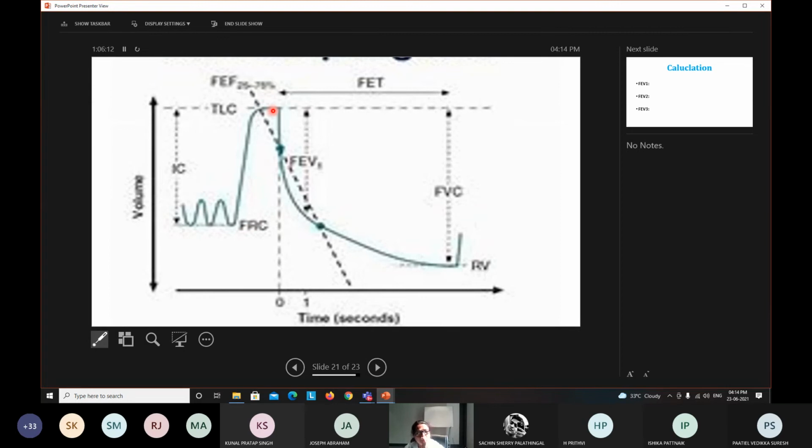Then there is a pause, hold for a fraction of a second, then exhale completely and fast. So this exhalation has to be complete and quick. The graph will be shown like this in your recording. This is inspiration, this is complete exhalation.